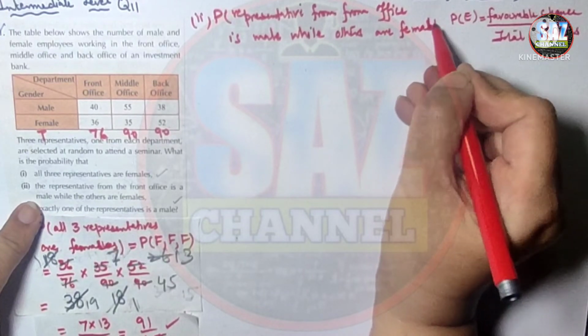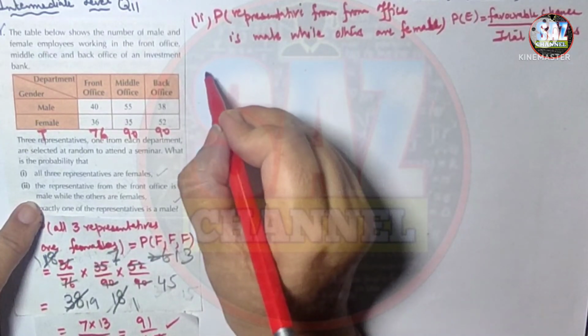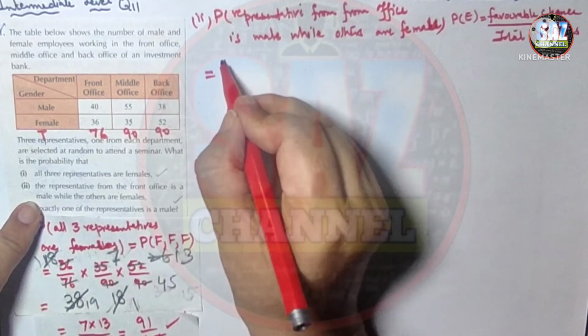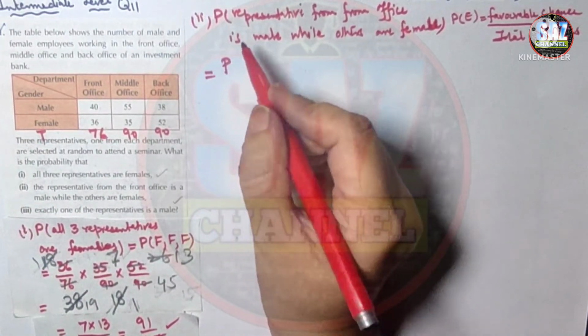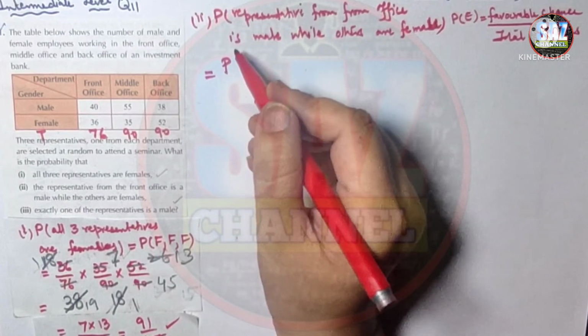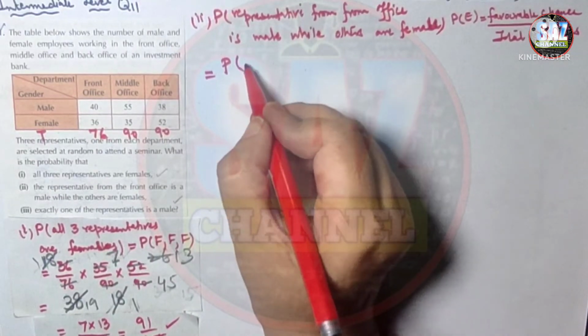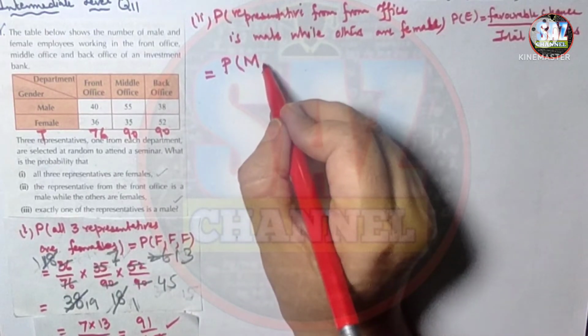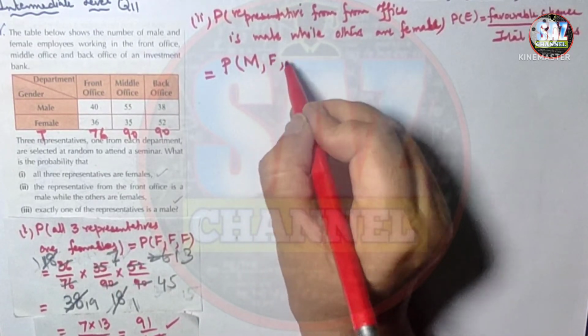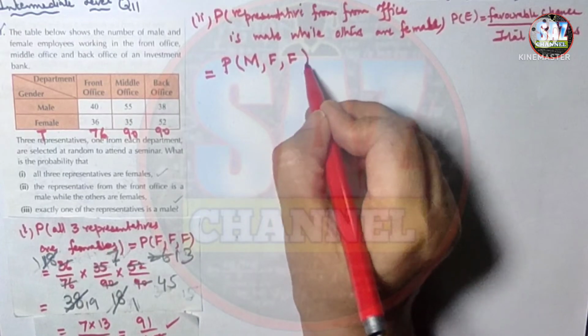So we have to find the probability of the male from the front office, and female from the middle and female from the back office.